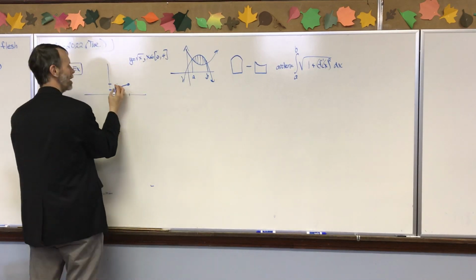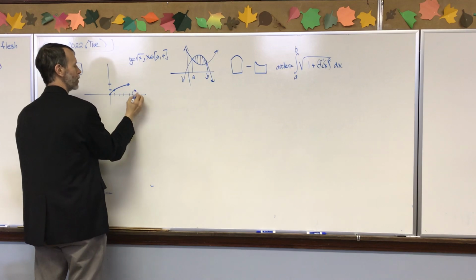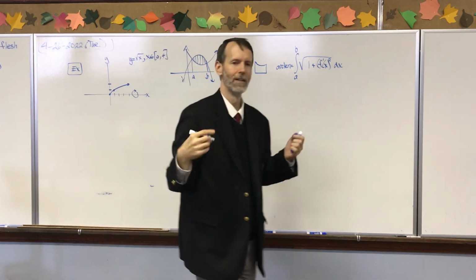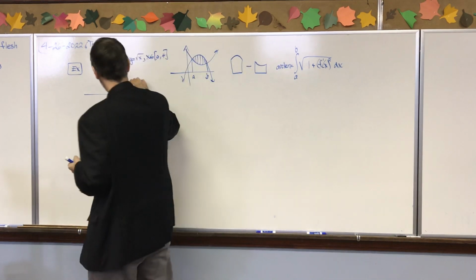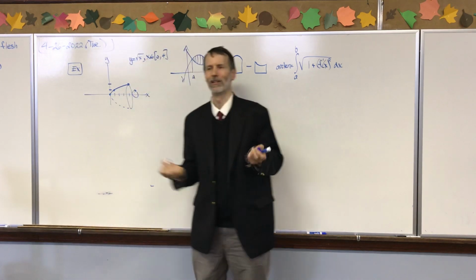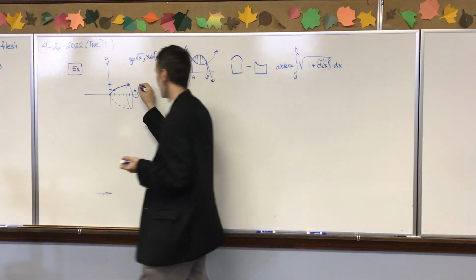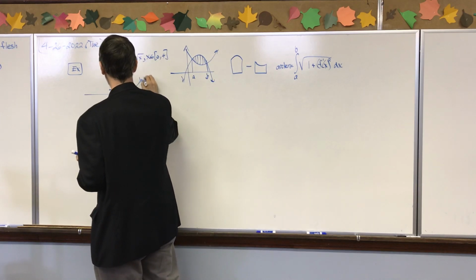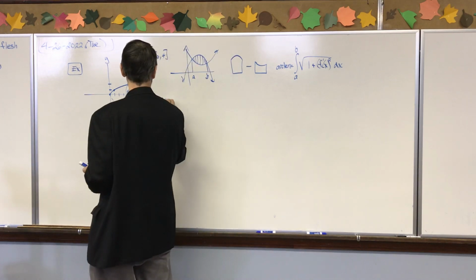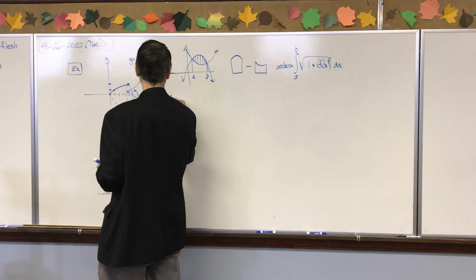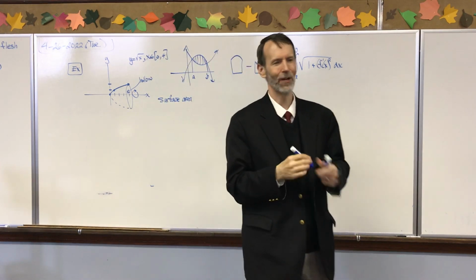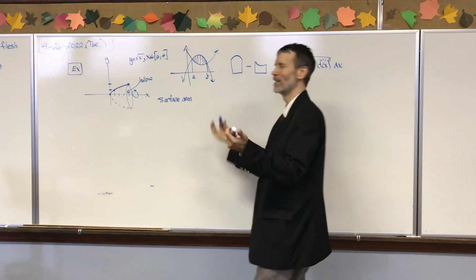Now I'm going to spin it around the x-axis. This is going to cause a hollow bullet. Does that make sense? So it's hollow inside. And what I'm going to ask you for is the surface area. Like if you had to paint this thing, how many square feet of paint would you need?